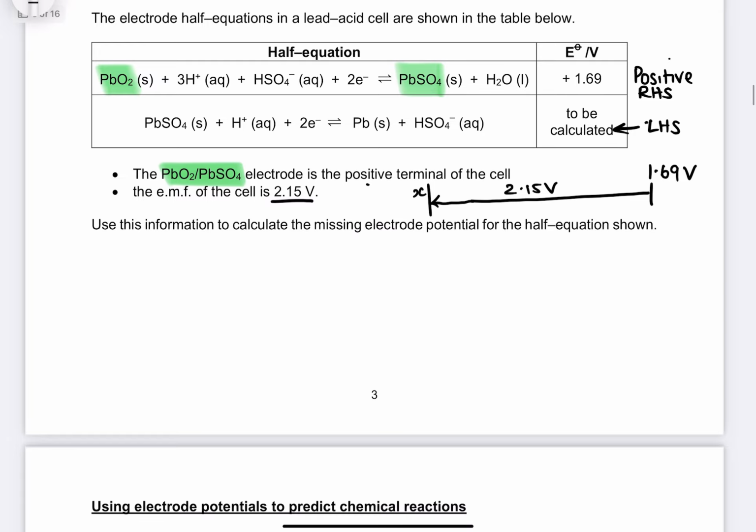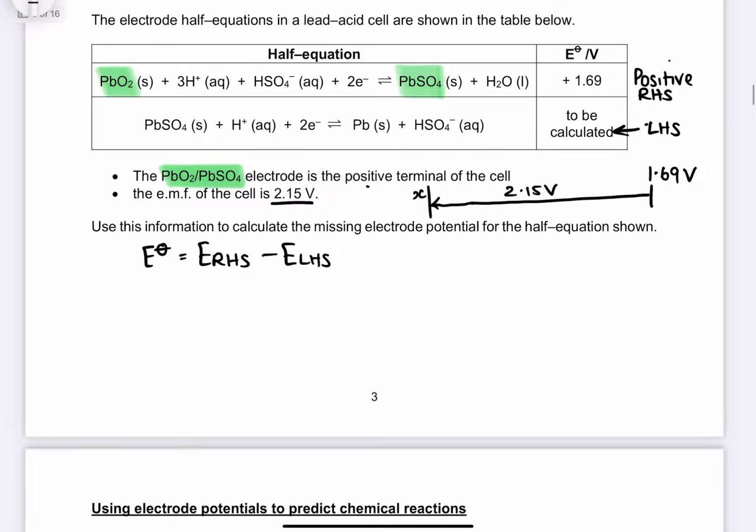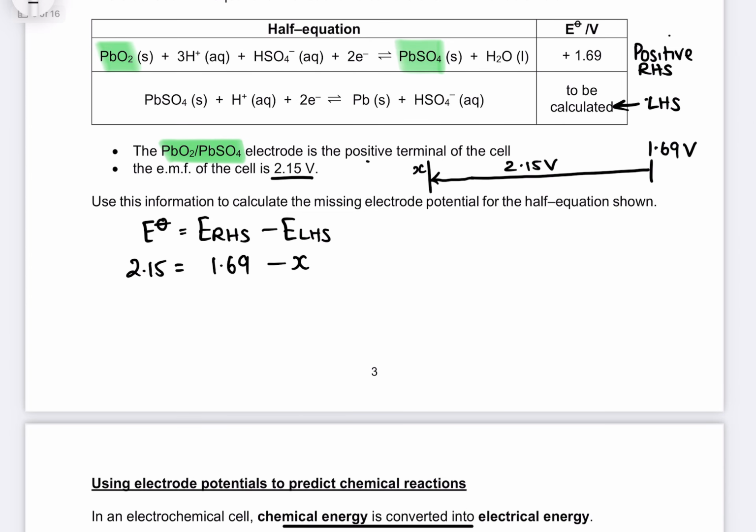But if you wanted to do it from the equation, it's right-hand side minus left-hand side, or more positive minus more negative, reduction minus oxidation. 2.15 equals 1.69 minus x, and we've defined x, okay?